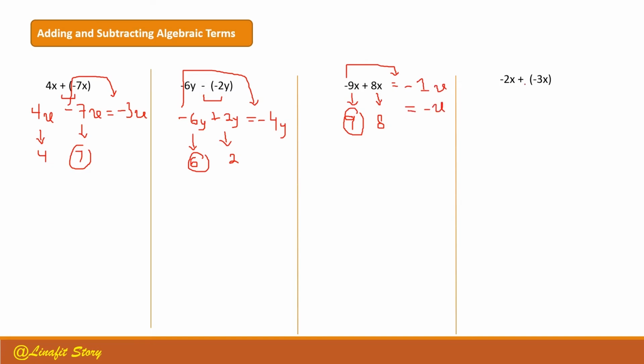Negative 2x plus negative 3x. Same sign. The result is negative 5x.